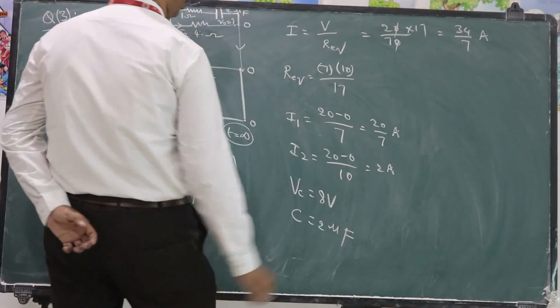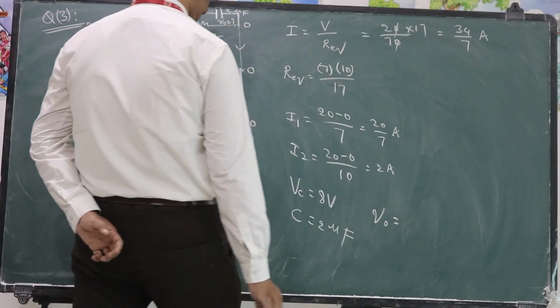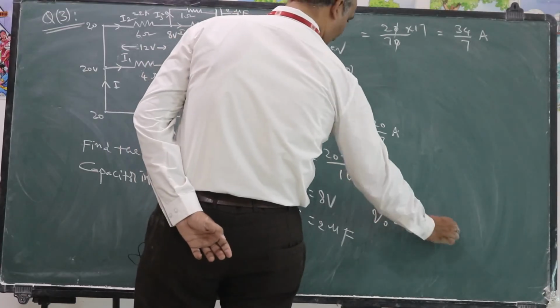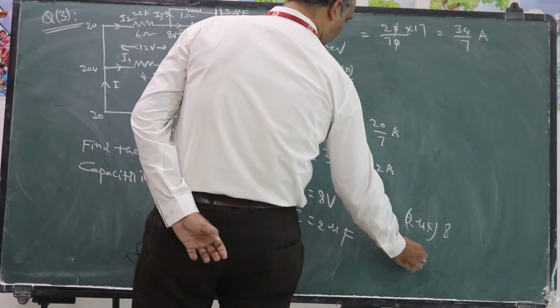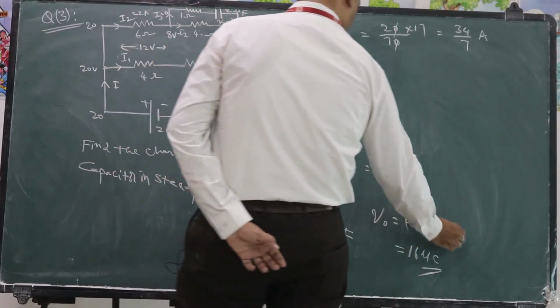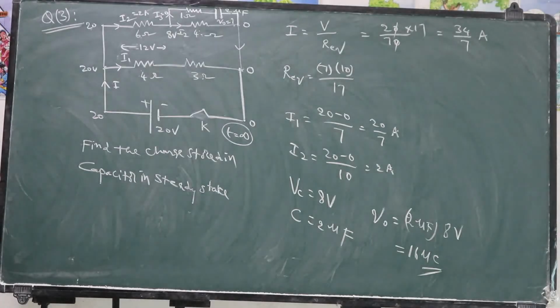Now the charge stored in the capacitor is Q0 equals CV, 2 microfarad into 8 volts, that is 16 microcoulomb. 16 microcoulomb is the charge stored in the capacitor at the steady state.